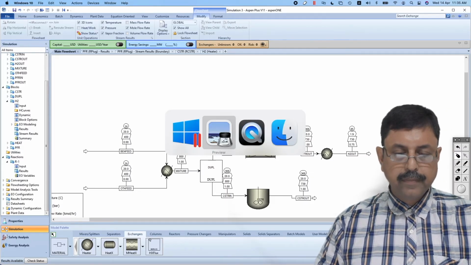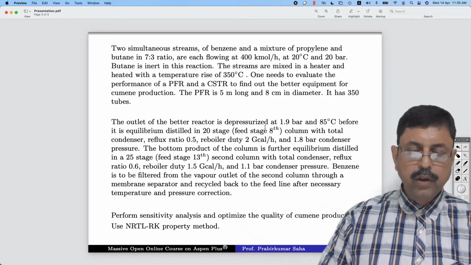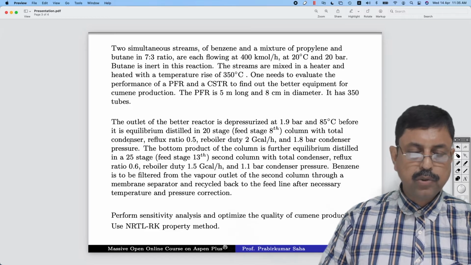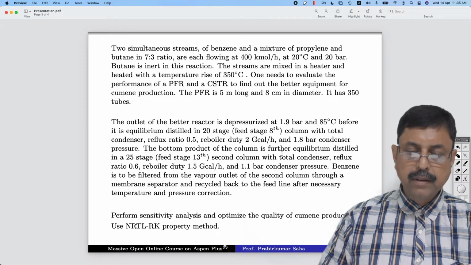What else? It is said it is equilibrium distilled in a 20 stage column with total condenser, reflux ratio, reboiler duty. All this information has been given. The bottom product of the column is further equilibrium distilled in another column. There also the information has been given.